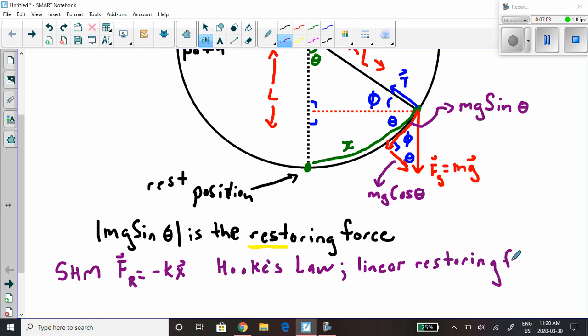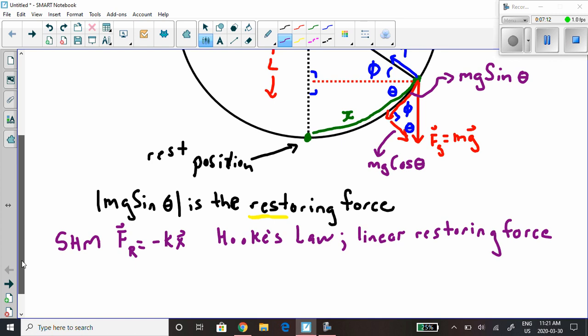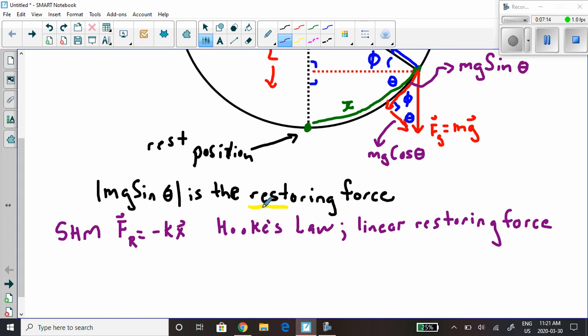All right, kids, take a look at this restoring force. It is not linear. It is sinusoidal. So therefore, Hooke's law and simple harmonic motion would not apply. It would not be a simple harmonic motion. It would be a more complex harmonic motion. Harmonic meaning it still swings back and forth, but it's more complex because the restoring force, look at it right there, the restoring force is sinusoidal, not linear.